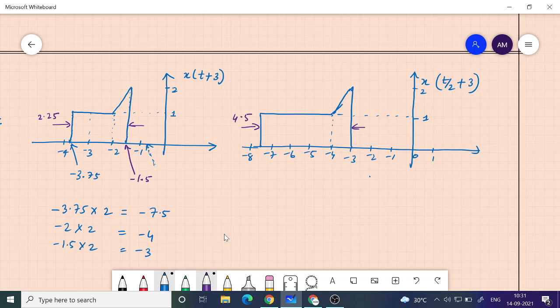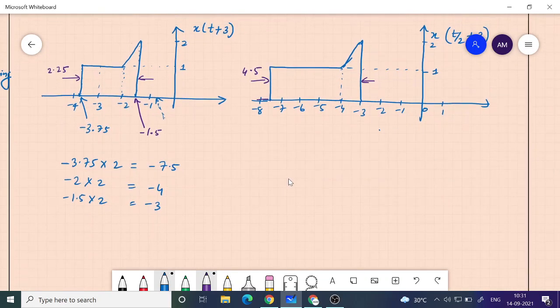So we have stretched it out, and we need to be careful to correctly come to the points at which these final transitions are happening. From 0 to 1, it is happening at minus 7.5. How did I get this? I took this minus 3.75 and multiplied with 2. Mathematically we can verify it; I will come to that later.